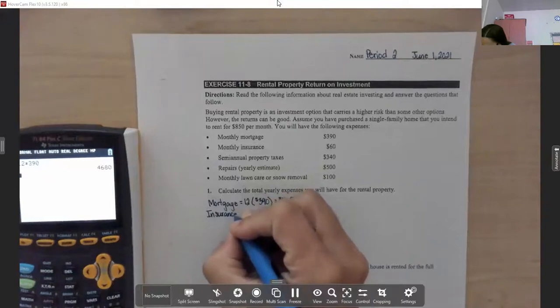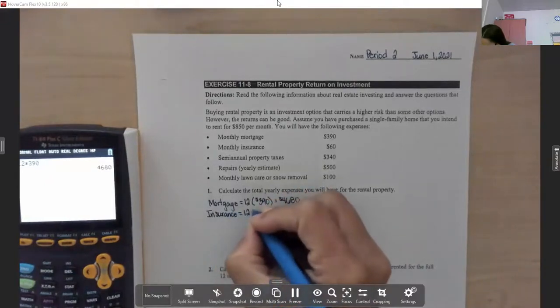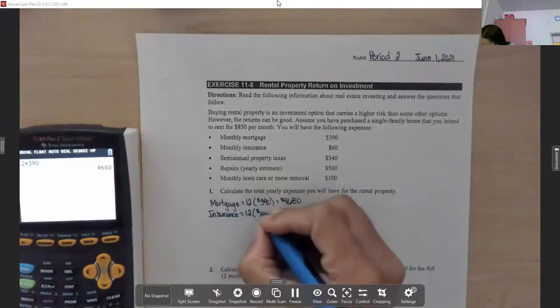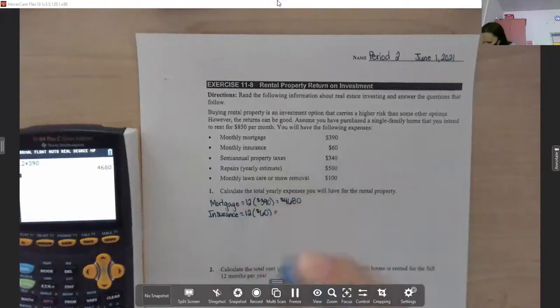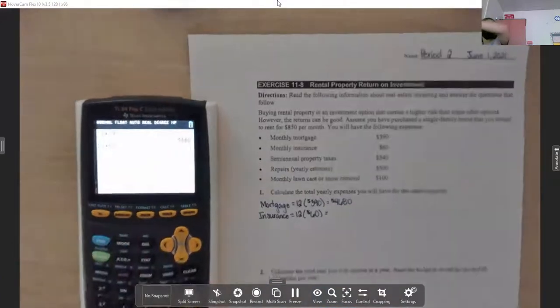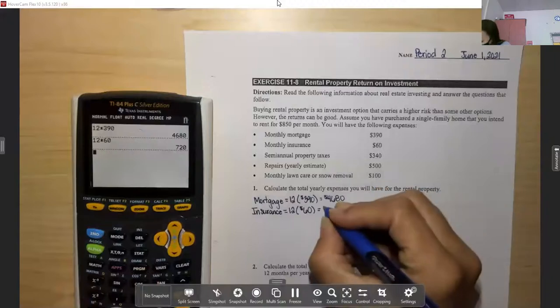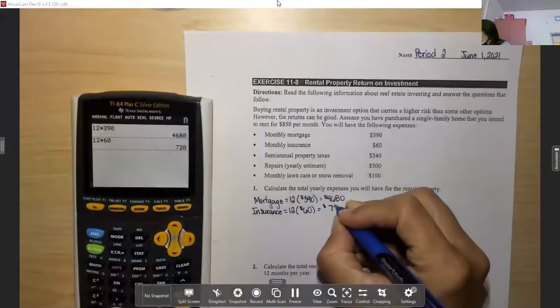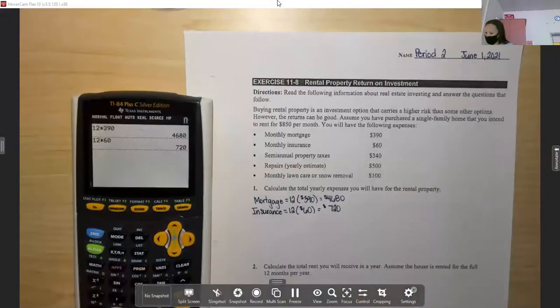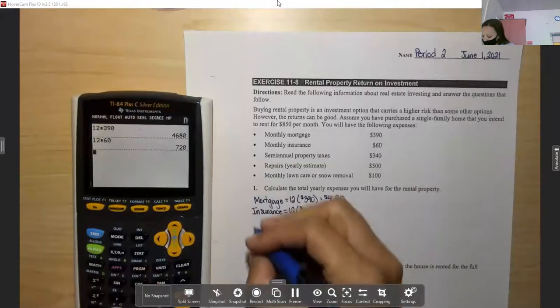Insurance, same thing. It's monthly insurance. So 12 times $60 is $720 for insurance.